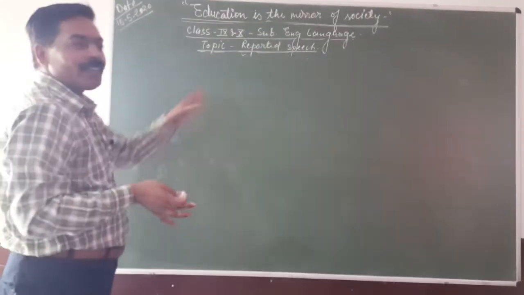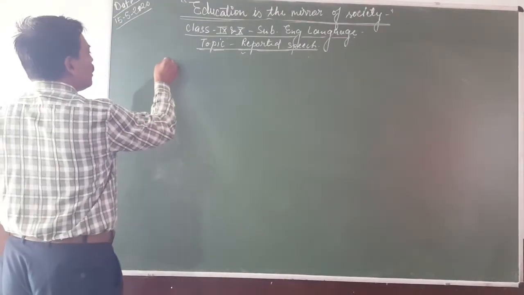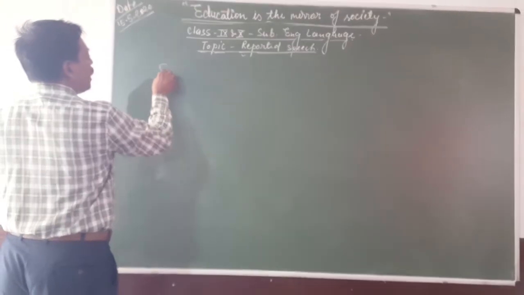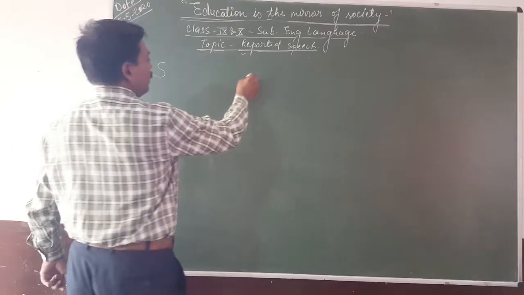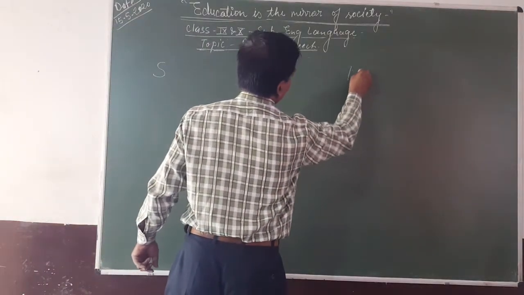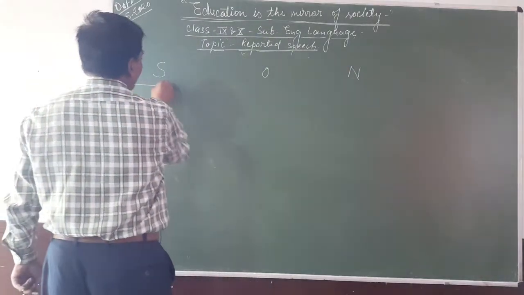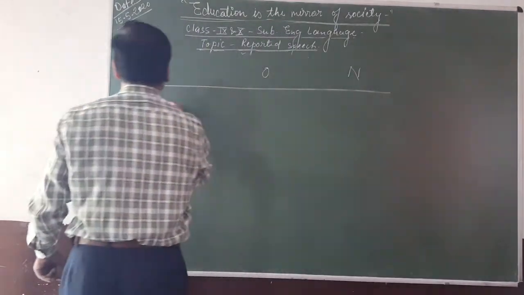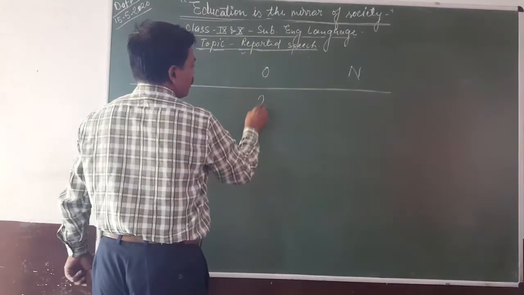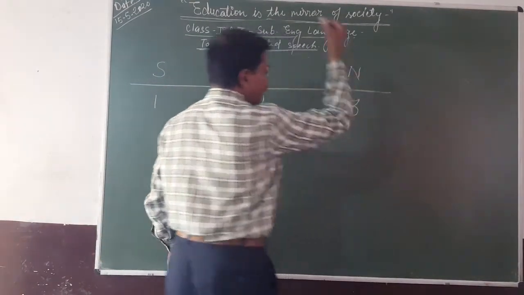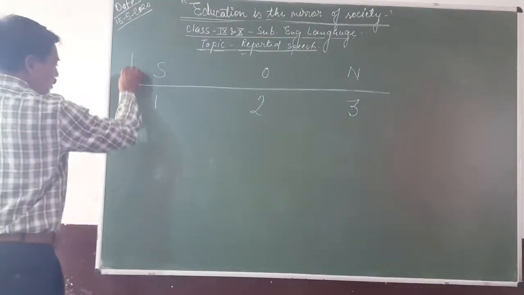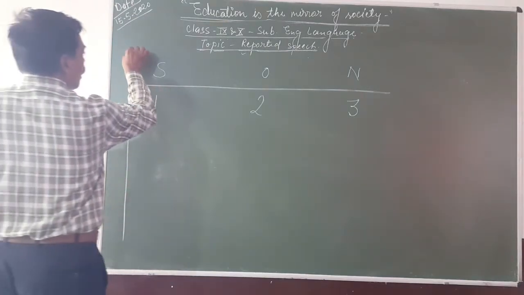The main formula according to this rule is S O N upon 1, 2, 3. You all see this table?